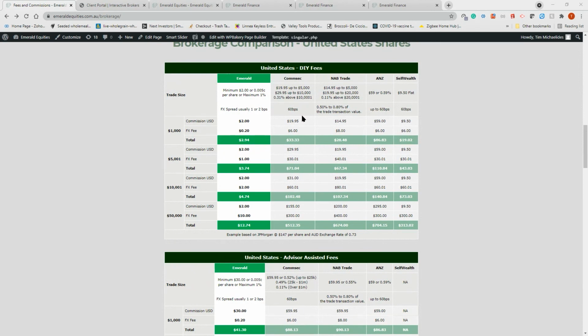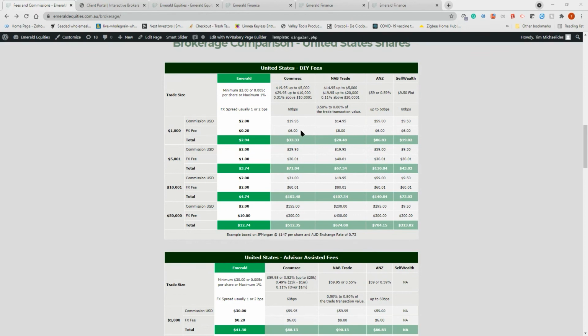If you compare that to ComSec, you're paying $19.95 USD to begin with, so we're a lot cheaper than that. We're even cheaper than Selfwealth. Where we save you a lot of money is here, and this is what most people don't realize they're paying: the FX fees. With ComSec, you pay this FX fee every single time you trade in and out of the US. It's $6 on $1,000.